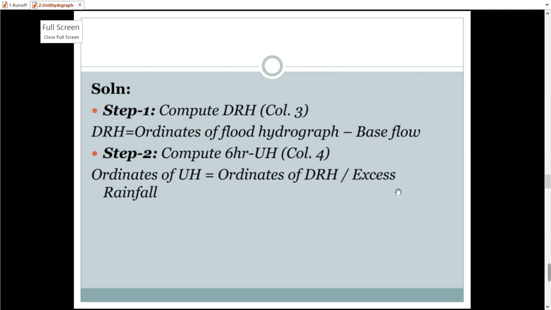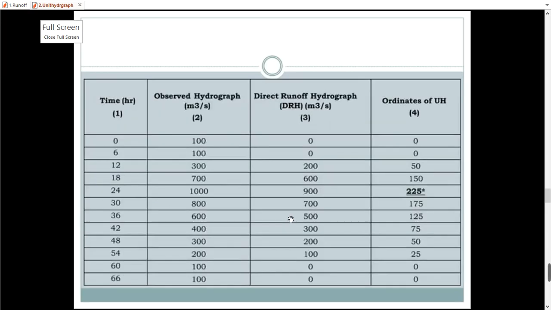Ordinates of the DRH divided by rainfall. So first the time they mark is not 6, but 6, 12, 18, 24, 30, 36, 42, 48, 54, 60, 66.